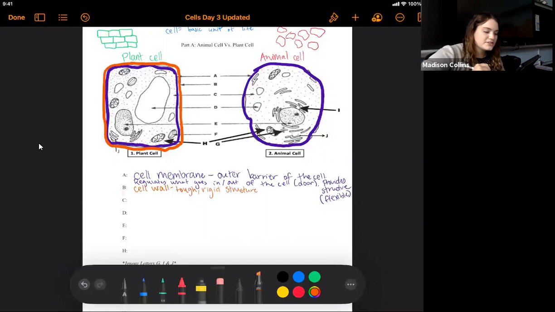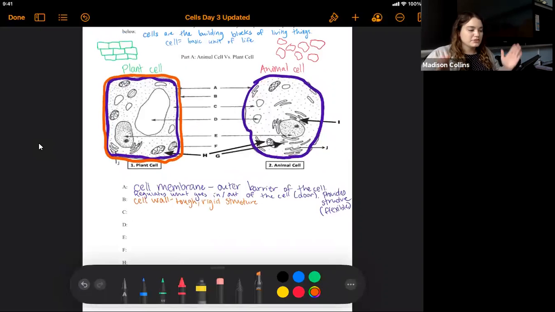And that structure honestly prevents movement. That's why we see that these plant cells look like a solid brick wall, okay? That plant's not going anywhere because that cell wall prevents movement, okay? So it's a tough, rigid structure, and it provides structural support for plant cells.